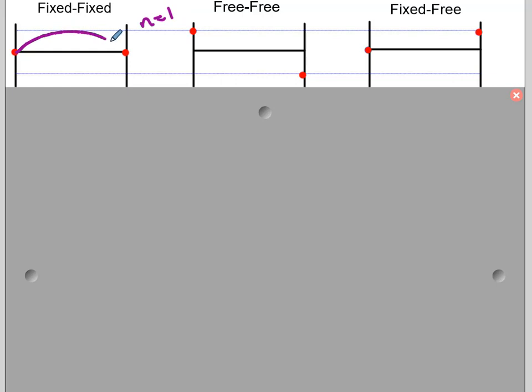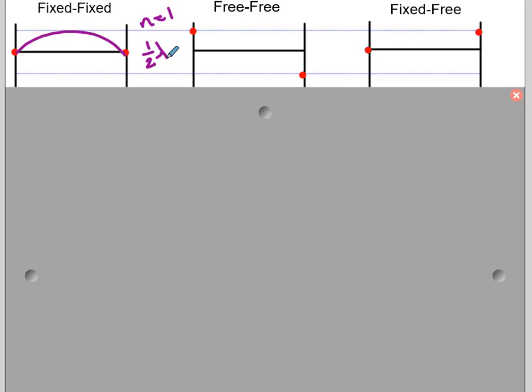So this is my shape. I have to start at that red dot and finish at that red dot, and you'll notice this is half a wavelength. If I go to free, we model this as being free, so it can go to the blue lines, top or bottom. I just model them all starting at the top.